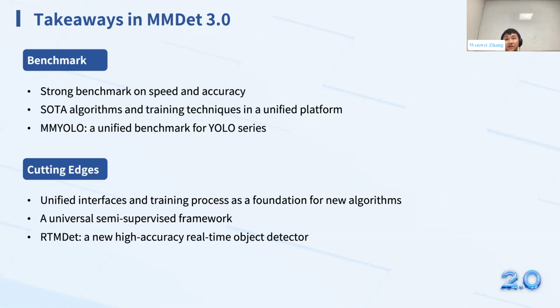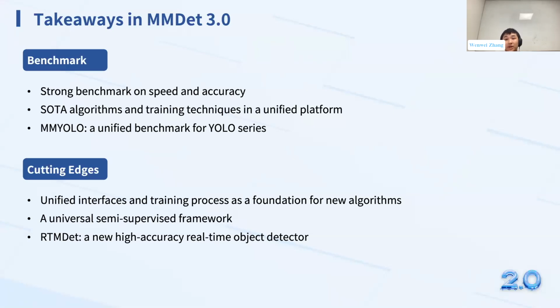For the cutting edge, we also explore many new directions. First, we upgrade our basic architecture with OpenMMLab so that we could use unified interfaces and training processes to provide a solid foundation for new algorithms in the future, for example, multitask or multimodality algorithms.